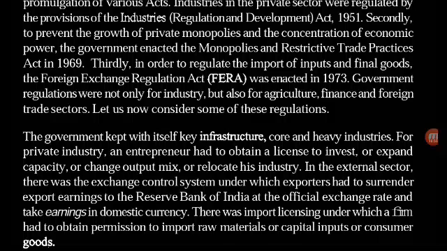The government kept with itself key infrastructure, core and heavy industries. For private industry, an entrepreneur had to obtain a license to invest or expand capacity or change output mix or relocate his industry. In the external sector, there was the exchange control system under which exporters had to surrender export earnings to the Reserve Bank of India at the official exchange rate and take earnings in domestic currency.